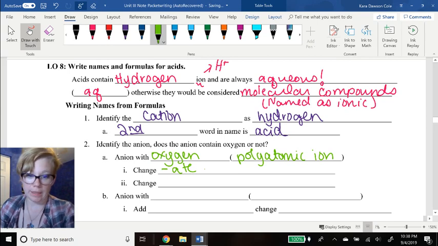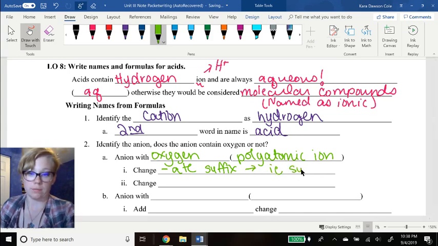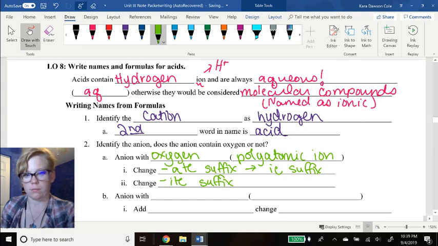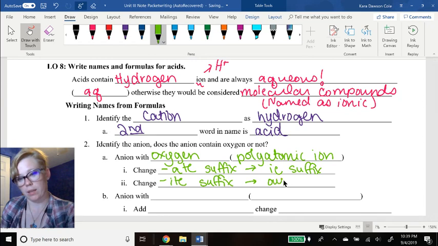If I have the ate suffix, then this is going to change to the ic suffix. If I have the ite suffix, I'm going to change ite to ous.